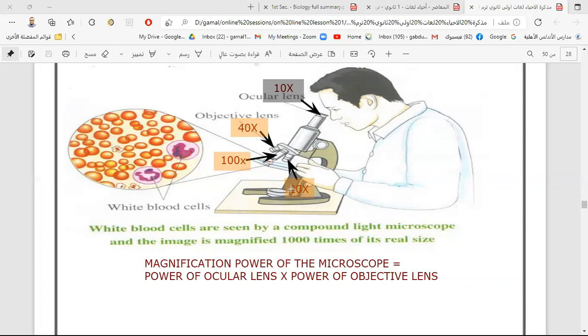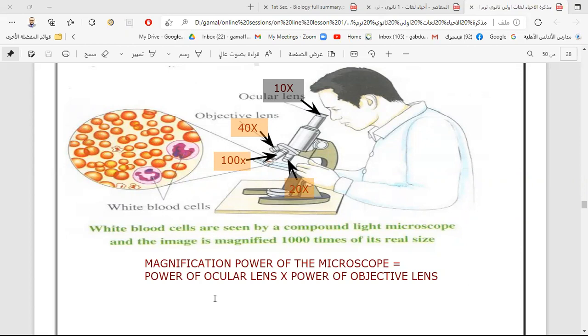If you use the objective lens with 20x and the ocular lens with 10x, what is the magnification power? Who can calculate? So the total magnification of the microscope will be what?